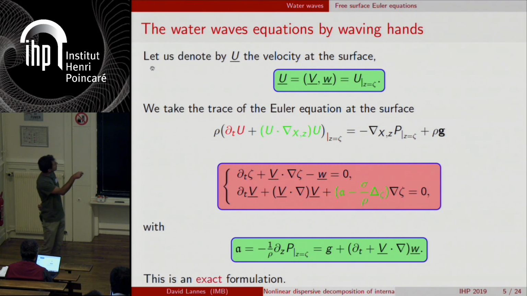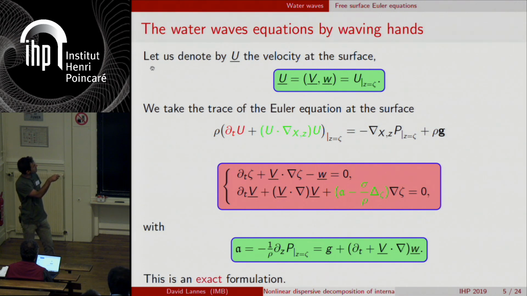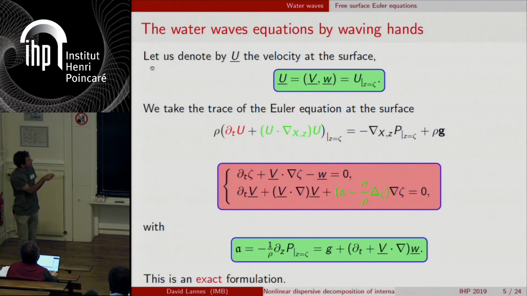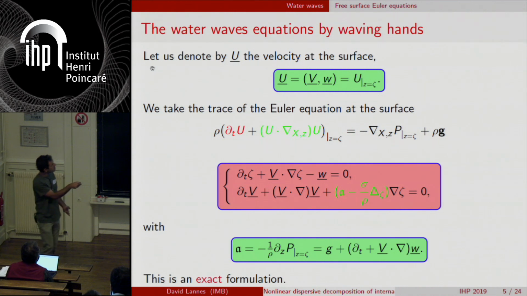And then this second equation is when you take the horizontal component of this equation evaluated at the surface. You see that this dtv evaluated here gives you dt v bar plus other terms that vanish with this quantity. So essentially you obtain a set of two equations, one on surface elevation and one on the horizontal velocity at the surface. You see that you have two convective terms and all the complicated stuff happens here.